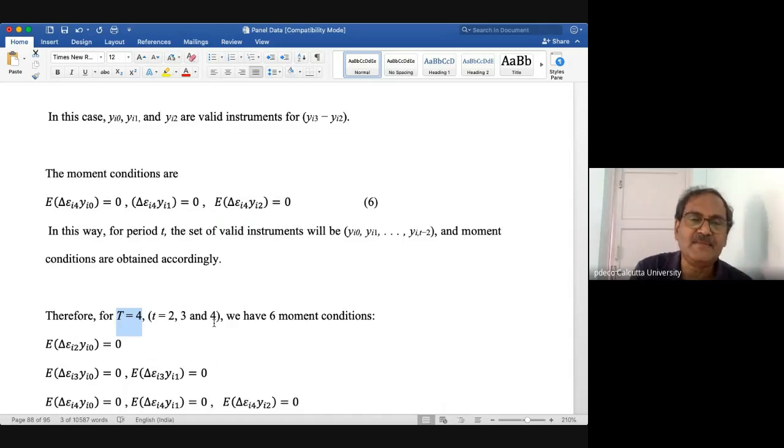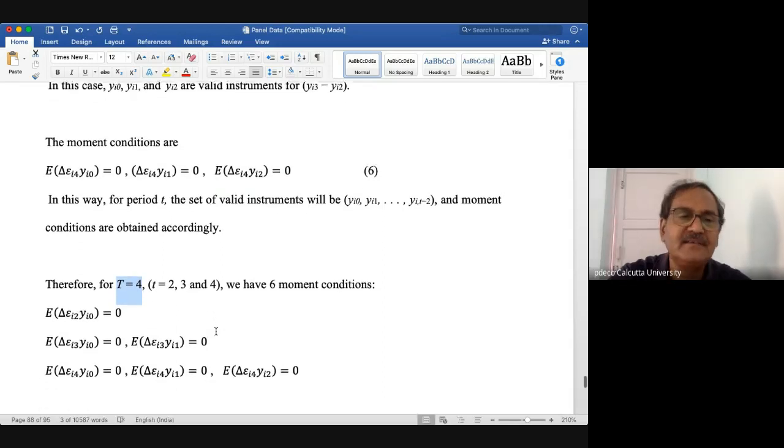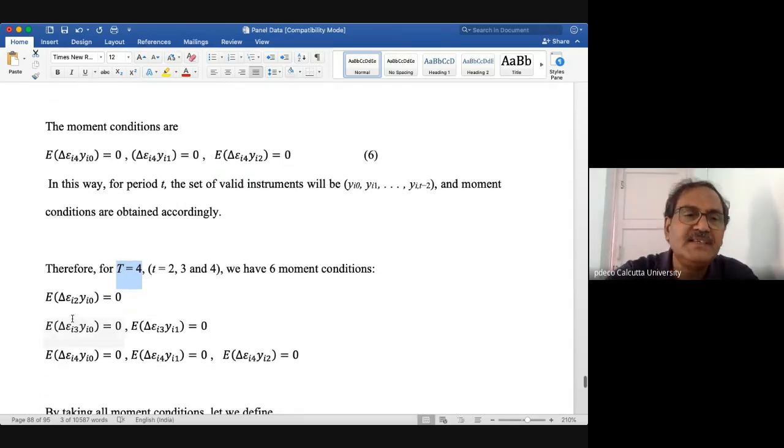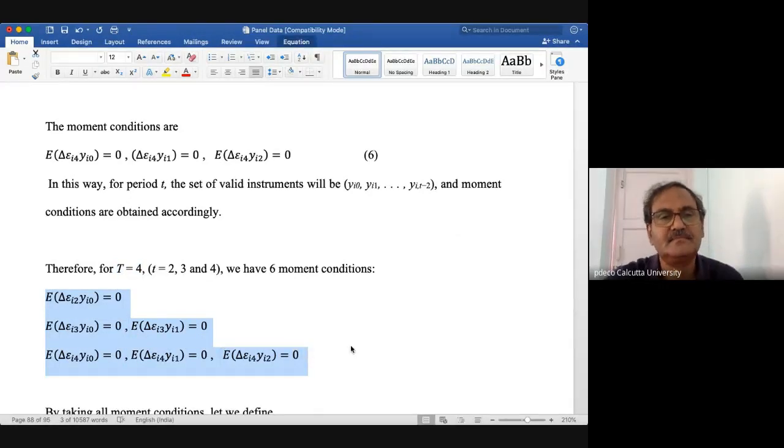If you have total time period 4, total time span 4 years, in that case you can consider small t is equal to 2, small t is equal to 3, and small t is equal to 4. And you have 6 moment conditions in total: one for small t is equal to 2, 2 moment conditions for small t is equal to 3, 3 moment conditions for small t is equal to 4.